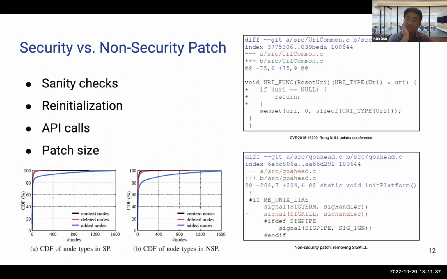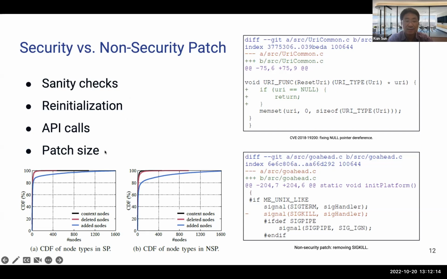So then the next question is, can we fundamentally distinguish security patches from non-security patches? We did some preliminary analysis comparing these two categories. We can see here that a security patch usually adds some sanity checks, like checking if a pointer is null. It also uses typical specific API calls like memory malloc and lock-related APIs.